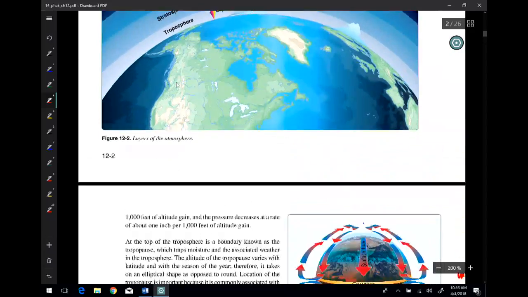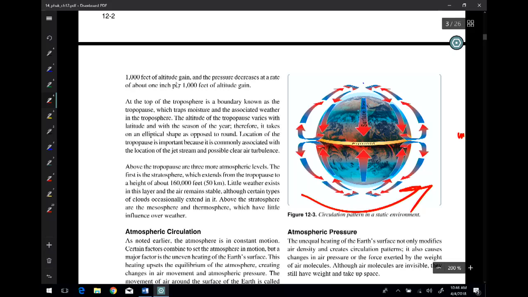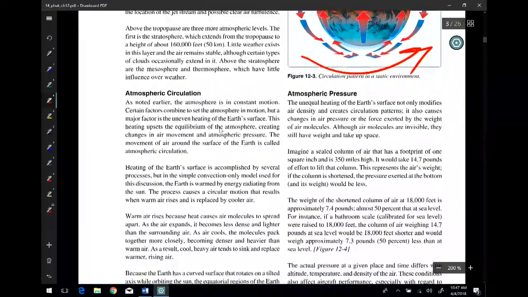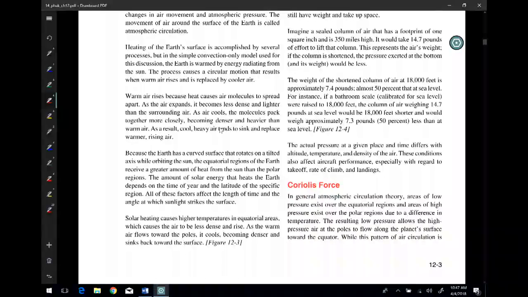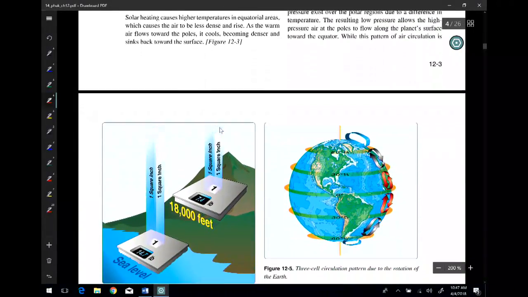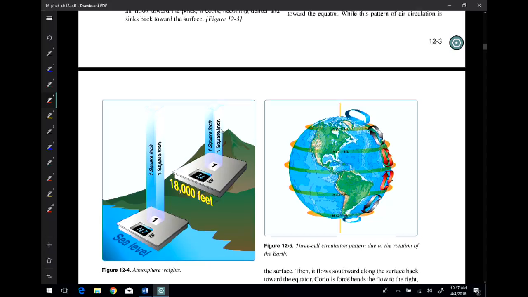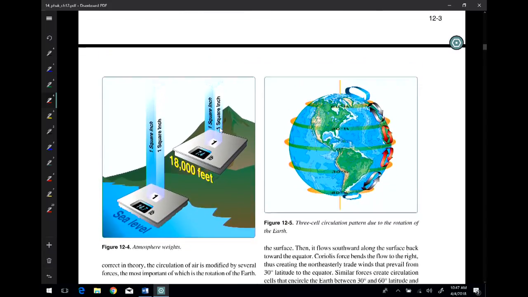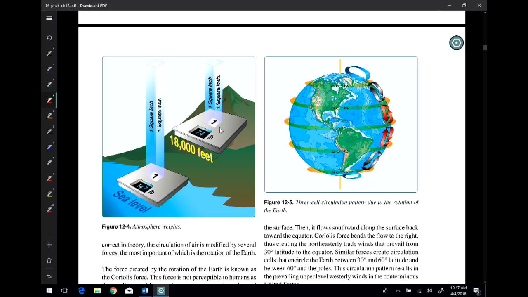So as we look here, the things I want you to be aware of are to understand what the troposphere is, what the stratosphere is, and what the tropopause is. As you look here, you can see where the tropopause is, and in your reading you'll understand where that is. The Coriolis effect is that thing we talk about when we start throwing a little spin into the mix. We look at the illustration on page 12-4, and it shows that at sea level we have approximately 14.7 pounds per square inch is what our atmosphere weighs.